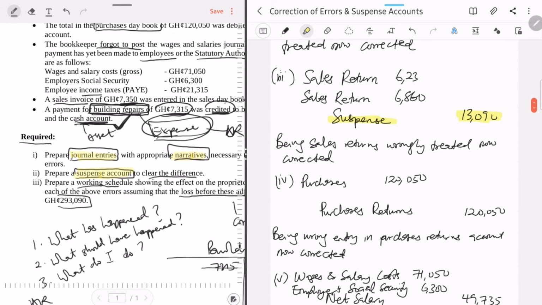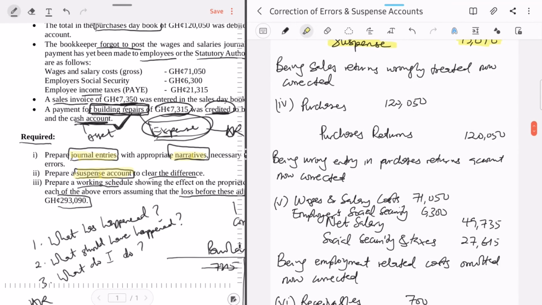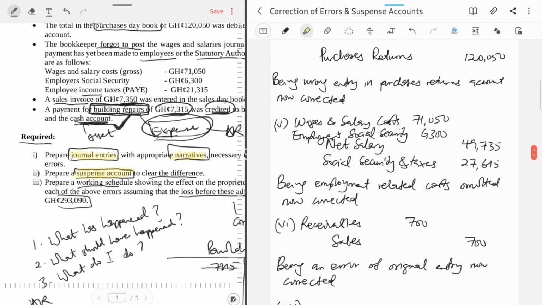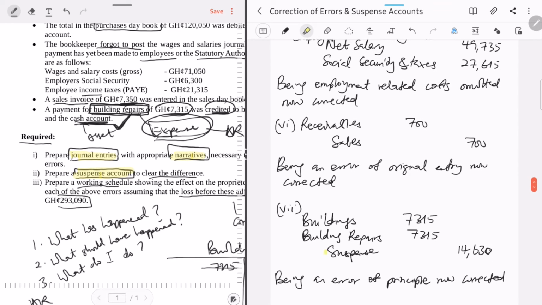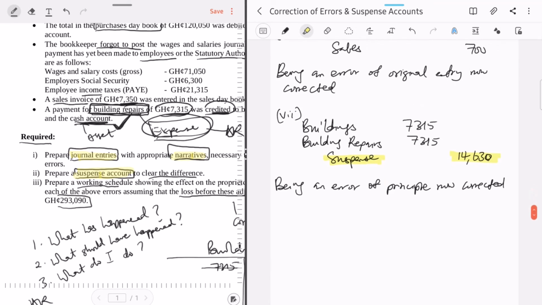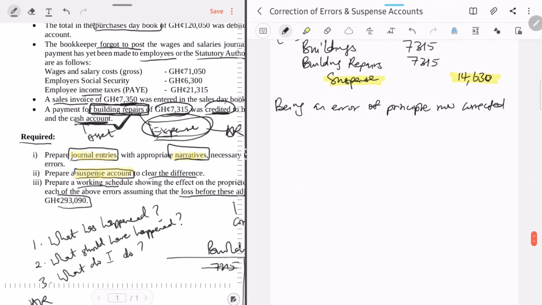The next IV doesn't have any suspense. V doesn't have any suspense. VI doesn't have any suspense. Then VII again has suspense on the credit side. All I'm going to do now is to open a suspense account and put these entries on the exact same side that you can find them.